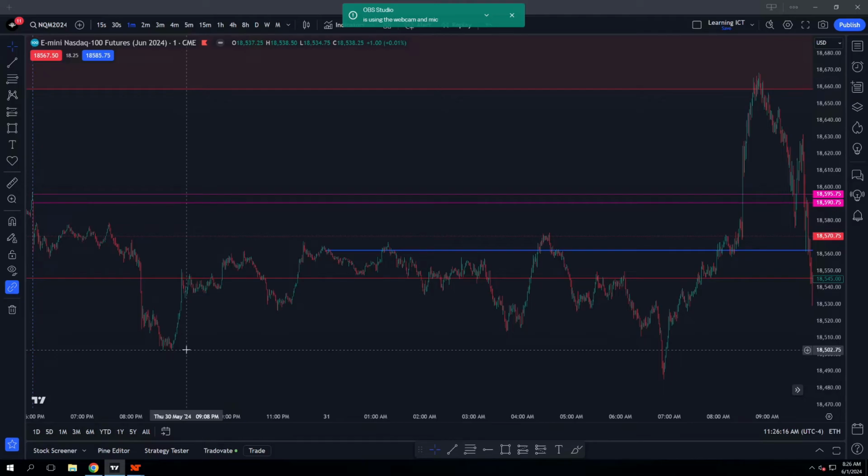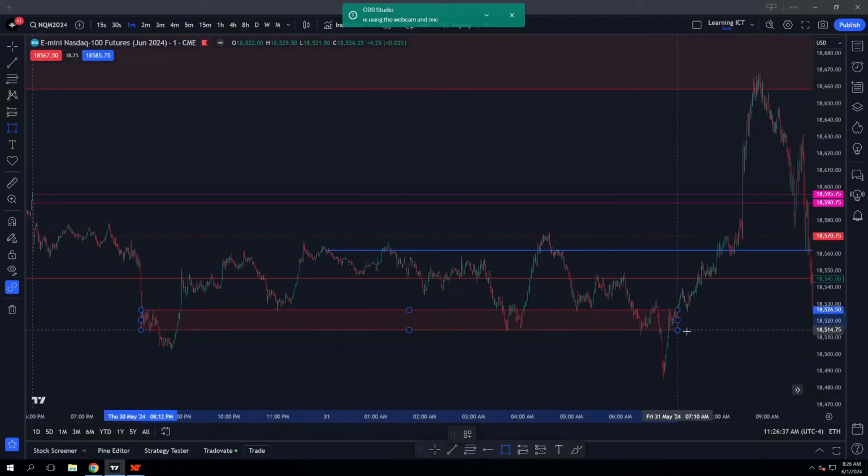That was a new week opening gap, and then there's a broken line here, which is the consequent encroachment of that new week opening gap, which this price bounced actually. So it created this low, high, low, market structure shift. This one right here is a breaker. It's a bullish breaker. I'm gonna extend it all the way.